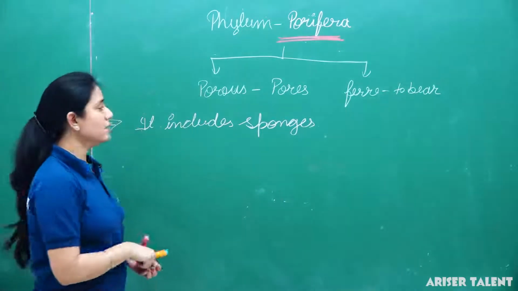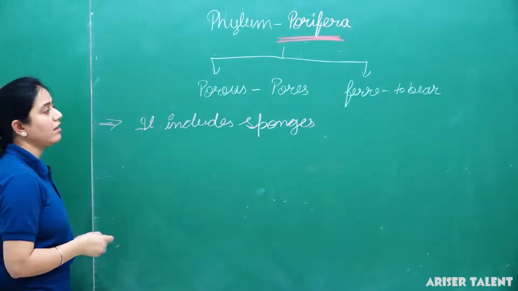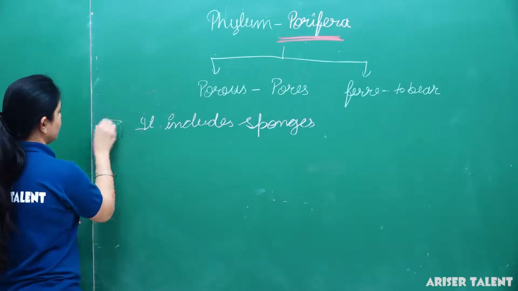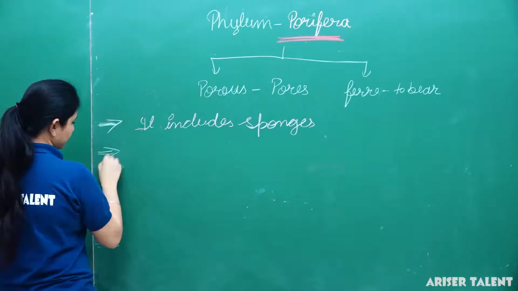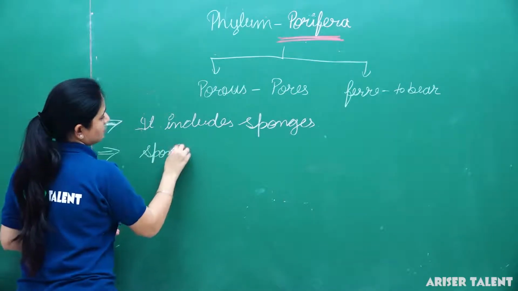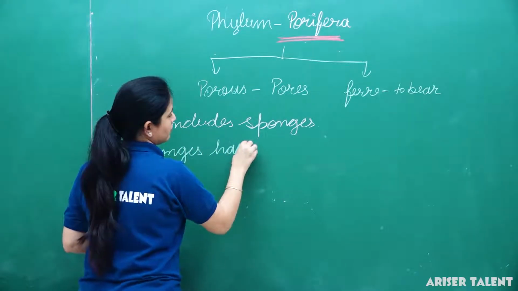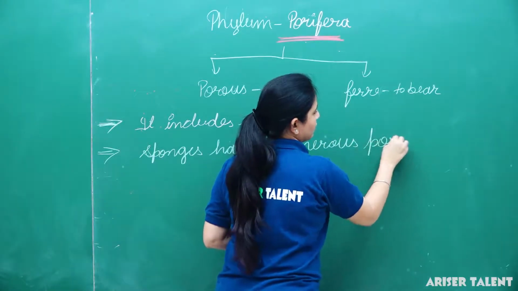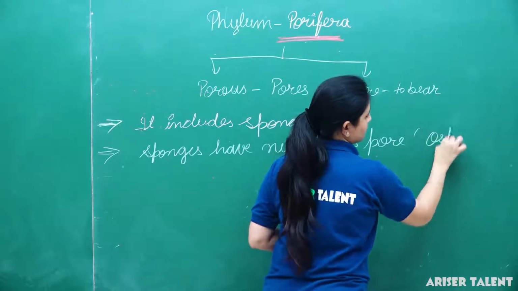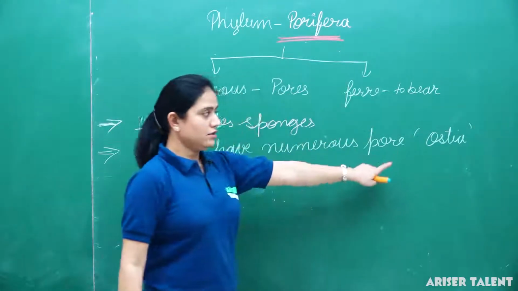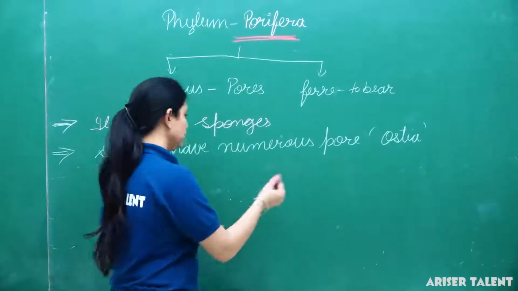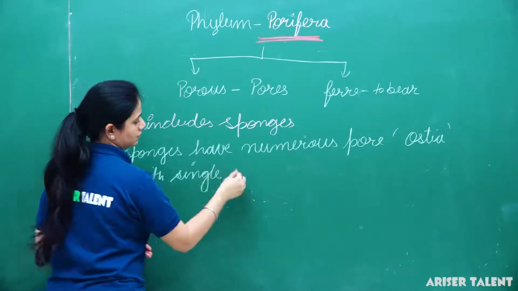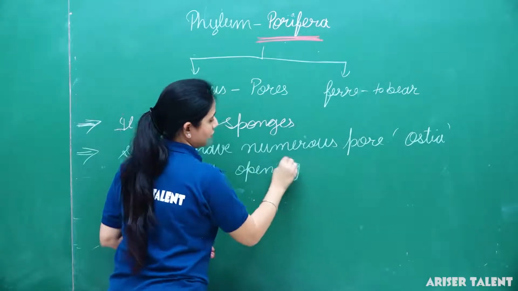What are sponges? They have numerous pores in their body. If we talk about body structure, sponges have numerous pores called ostia, and the ostia are with a single opening called osculum.